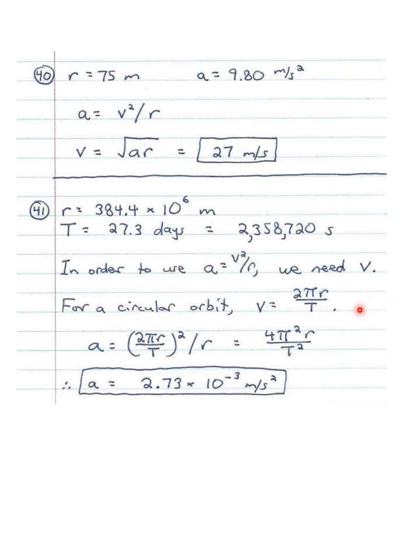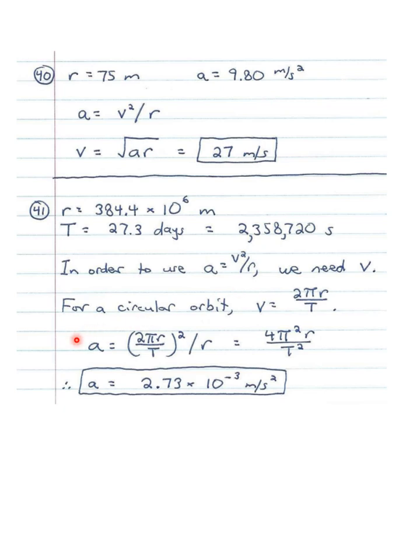For a circular orbit, the speed is going to be the circumference divided by the period. So distance over time, and we're contemplating one complete orbit. That's going to be the circumference divided by the period. And now, once we get that v, you could solve for v directly, plug in the numbers. I haven't done that here. Rather, what I've done is I've taken this expression for v and plugged it into the acceleration formula.